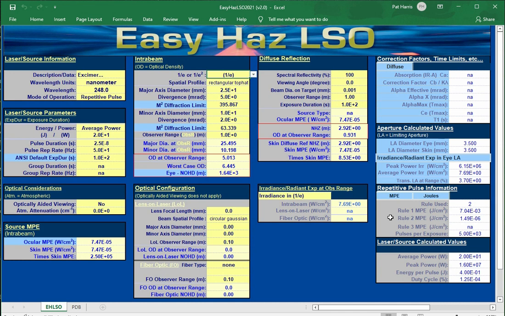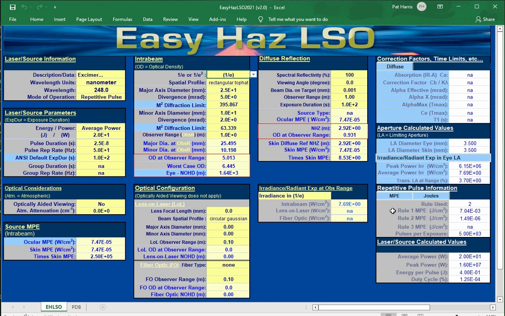And the photochemical, we see the photochemical when we start getting into longer exposure durations, and so it makes this analysis much more, I should say the MPE is much more restrictive because we've moved into the photochemical domain because of the length of the exposure duration. The Rule 1 MPE is simply a thermal MPE.